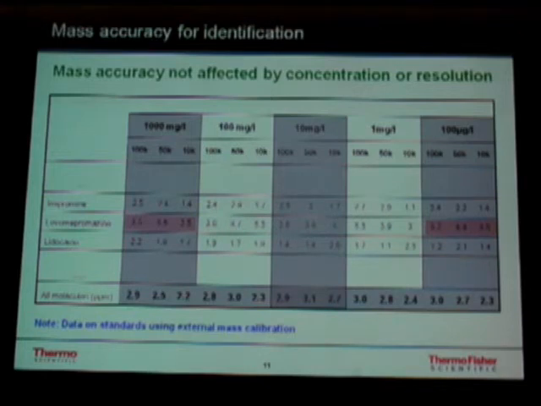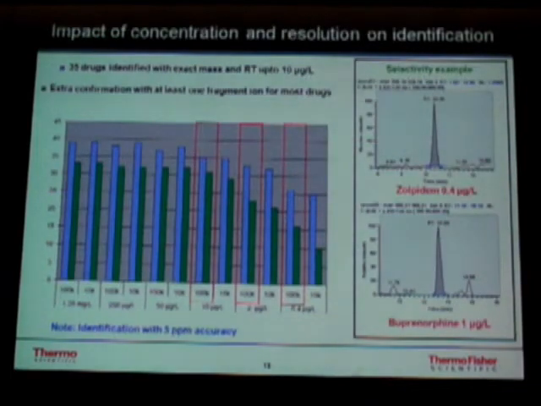Then after confirming that, this is how the final results look. We identified drugs just based on the exact mass, the retention time, and then additional confirmation using fragment ions that are generated in the HCD cell.